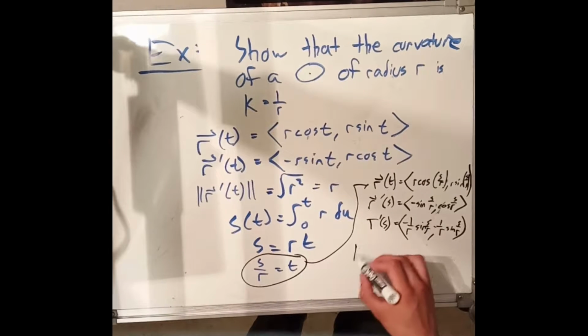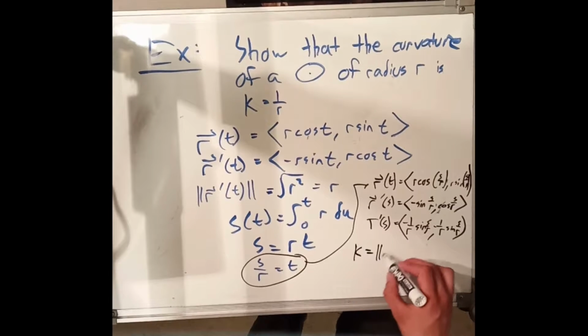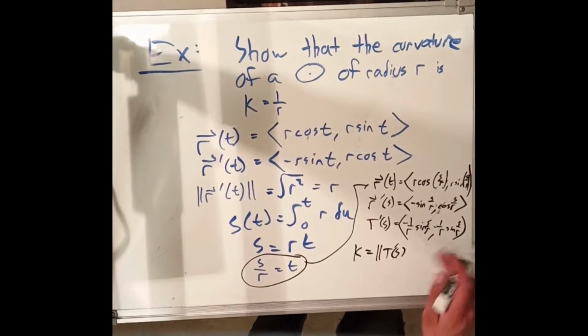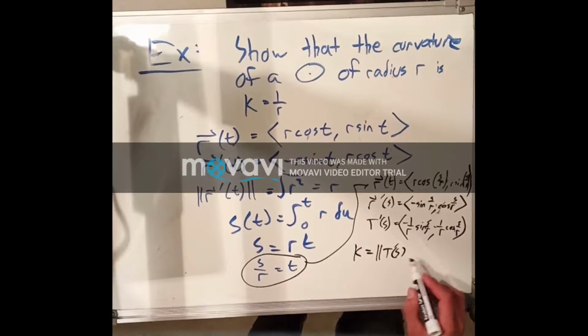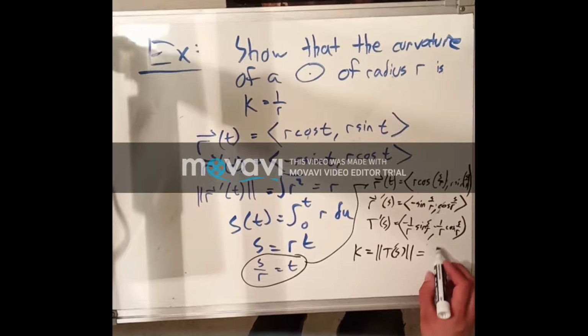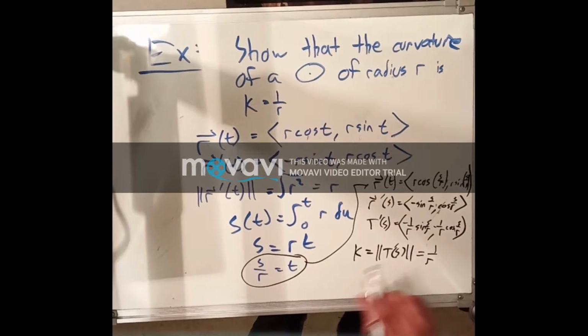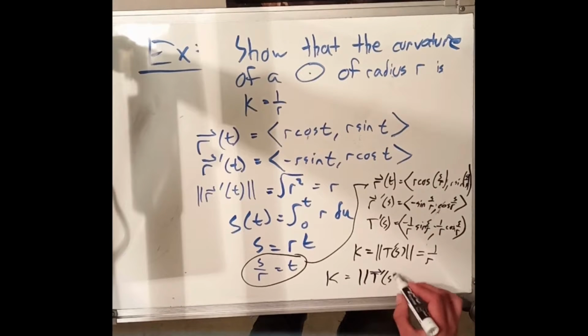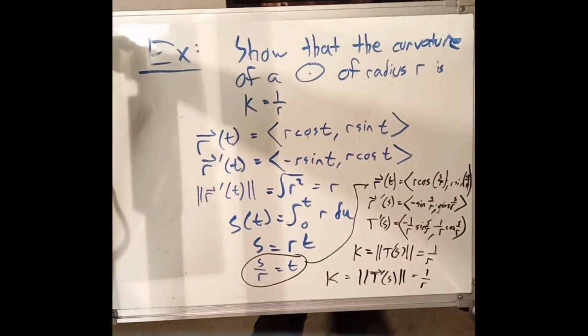When we normalize this, this should be cosine, my bad. It's easy to verify that we get 1 over r. Thus, we have proved that the curvature of a circle of radius r, given by its unit speed parameterization, is equal to 1 over the radius.